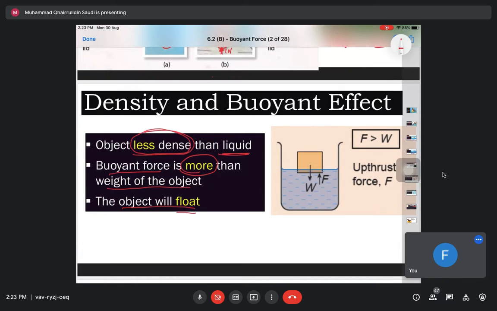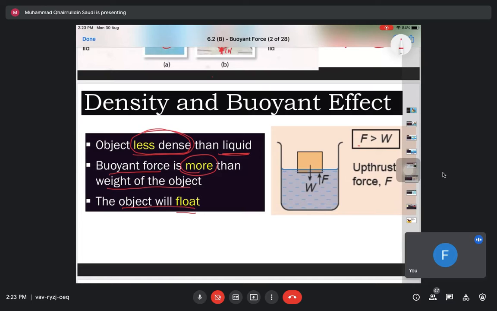We will say because the rubber duck is less dense than water. Now we are going to relate the density with buoyant effect. Why does the rubber duck float on the water? Because it is less dense than water and because the buoyant force is more than the weight of the rubber duck.